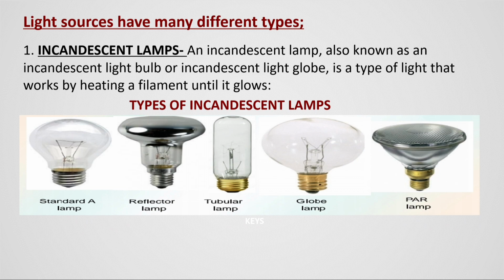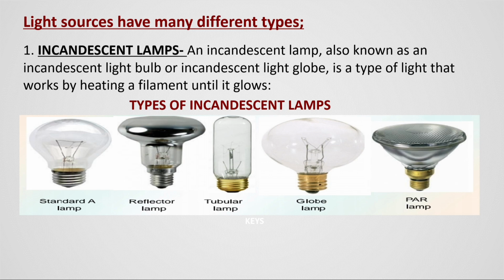One is the standard A lamp, a popular bulb shape. Second is the reflector lamp. These are lamps which contain an internal reflector coating to direct light in one direction. Third is the tubular lamp, also called showcase lamps. These lamps were developed for lighting inside showcases.